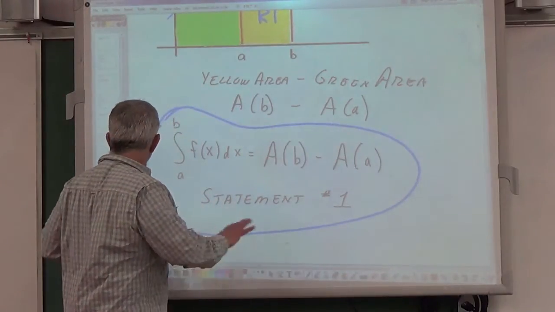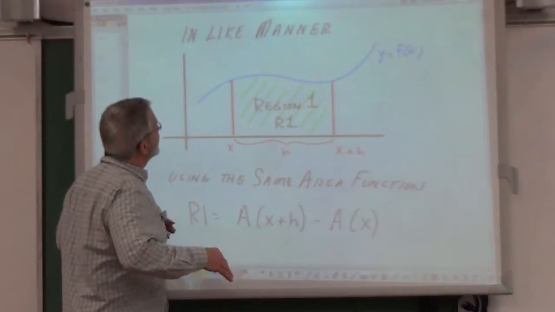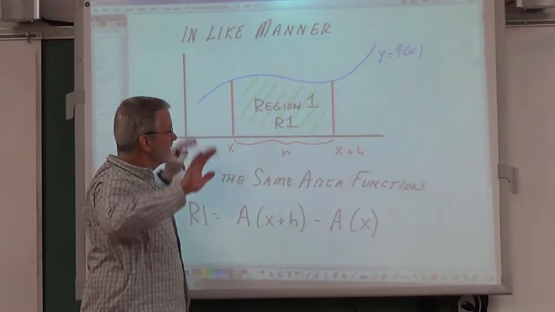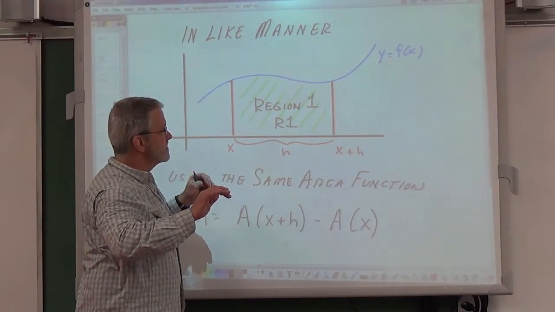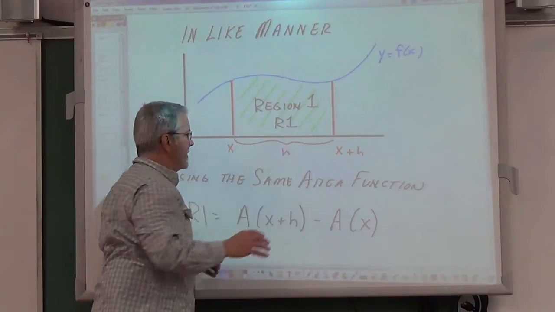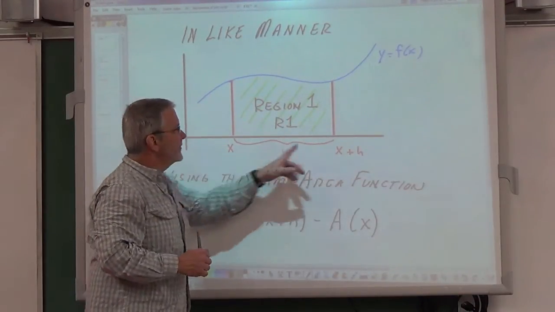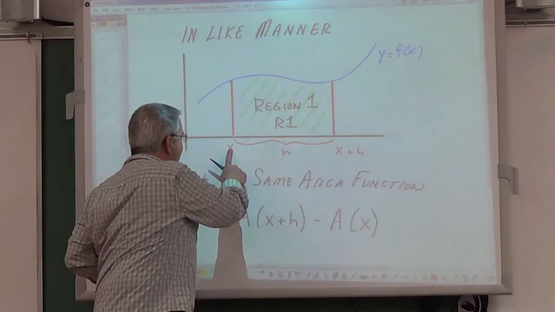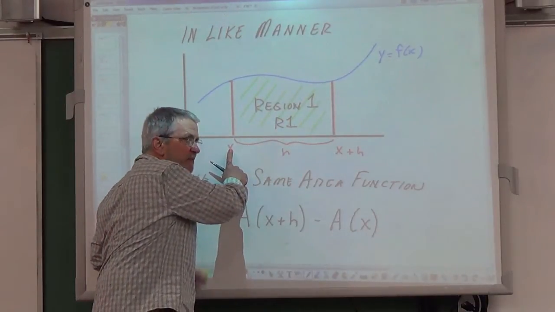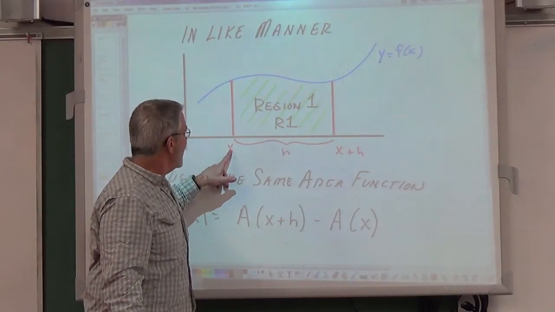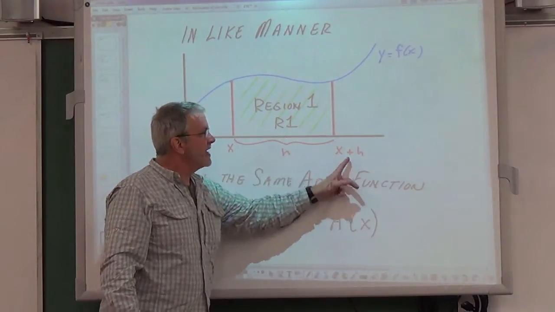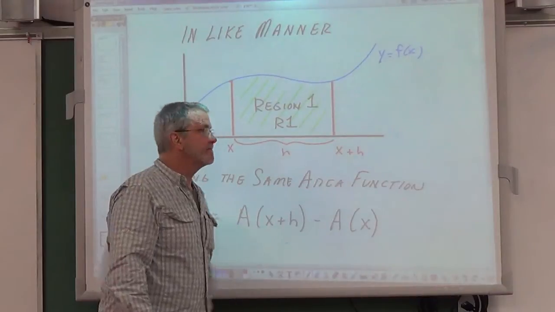And then we're going to look at the same picture in like manner, region 1, but instead of going from a to b, we're going to go from x, some arbitrary x, and we're going to move over h and end up at x plus h.